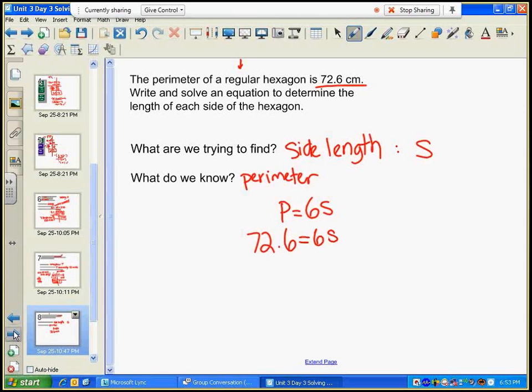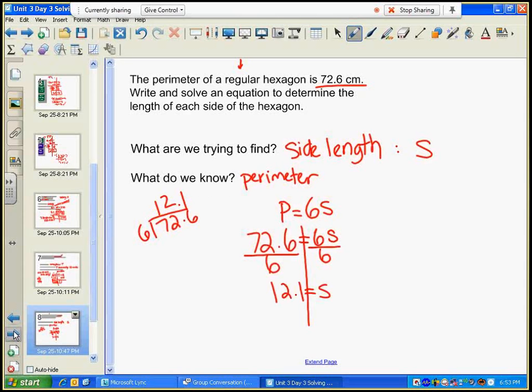How do I leave S by itself? To divide by 6. I'm going to divide by 6. And I end up with, you can use a calculator if you like, 12.1. 12.1 is equal to my side length.